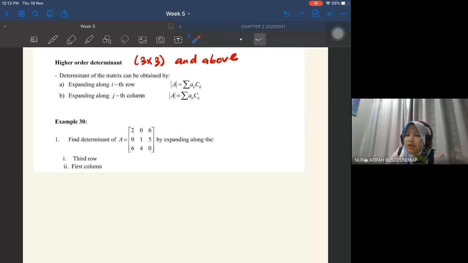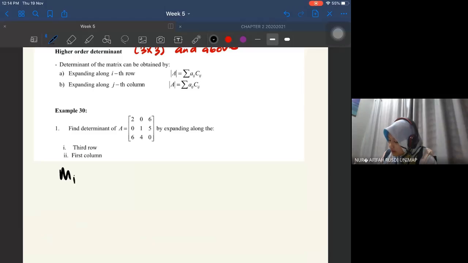But kalau soalan just ask you to find the determinant of matrix A by using higher order determinant, it's up to you nak pakai row mana or column mana. So untuk minor matrix, kita cari determinant macam ni.